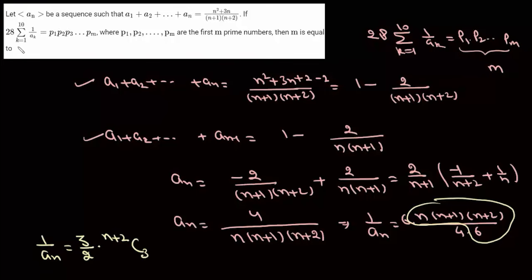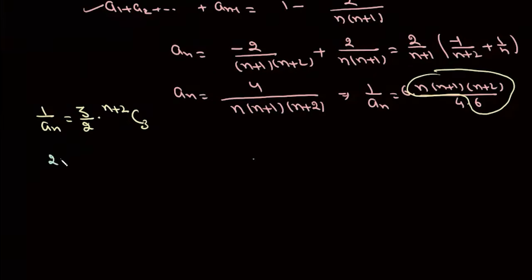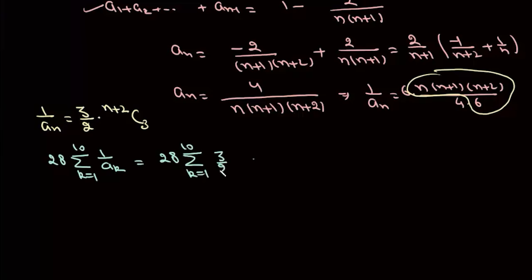Now we need to find this 28 into this summation k varies from 1 to 10, 1 by ak. So it will be 28 summation k varies from 1 to 10, 3 by 2 into k plus 2 c3.